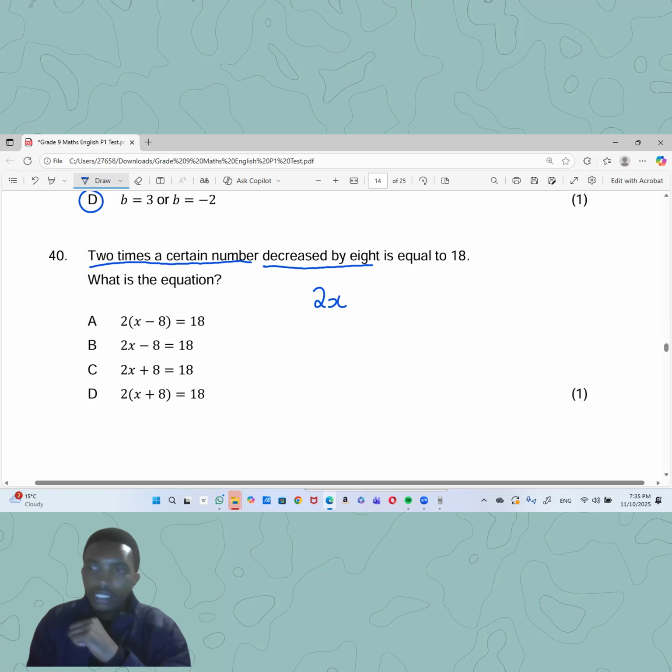Decreased, does it mean addition or does it mean subtraction? Subtraction. We minus it by 8 is equal to how much? 18. They said it is equal to 18. So which one is our answer here now? B. Our answer is B.